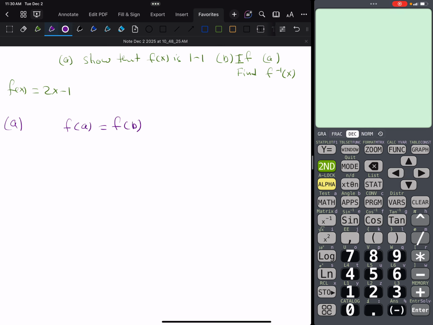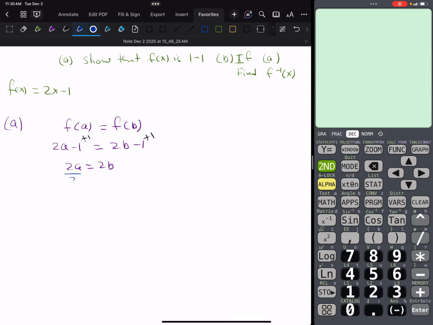So let's evaluate this. I have 2 times a minus 1 equals 2 times b minus 1. I'm going to add 1 to both sides of this equation, and now I get 2a equals 2b.